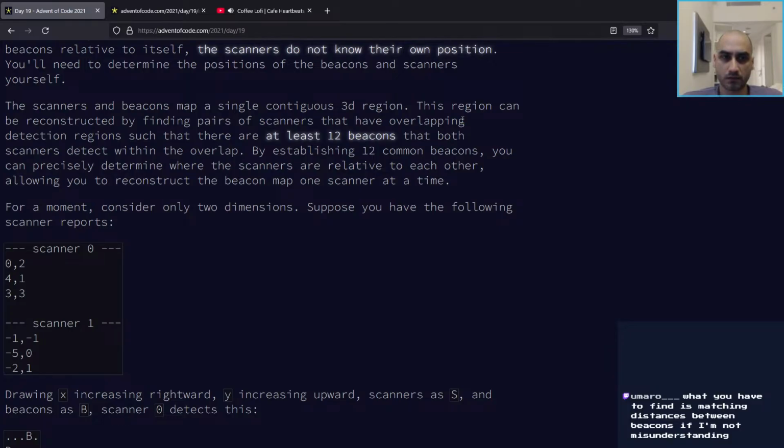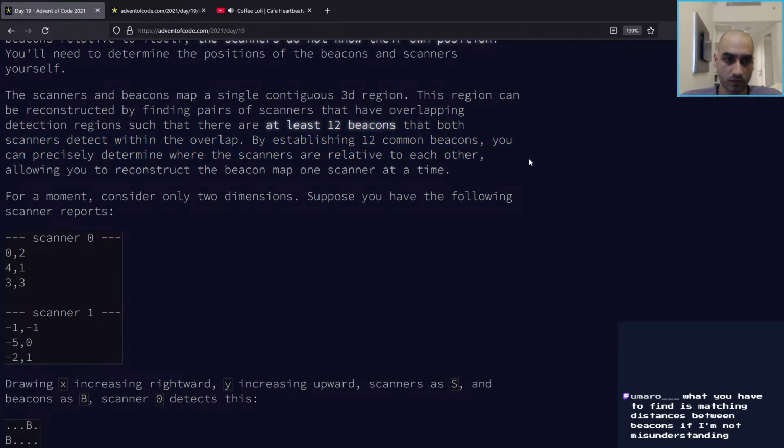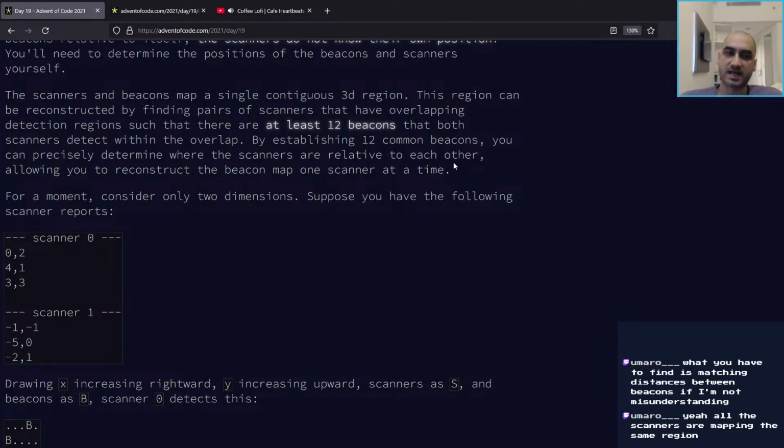Yeah. I mean, that's if we know that two scanners have beacons in common. X number of beacons in common. I still don't understand which pairs of scanners have beacons in common, and does every single pair of scanners have 12 beacons in common?